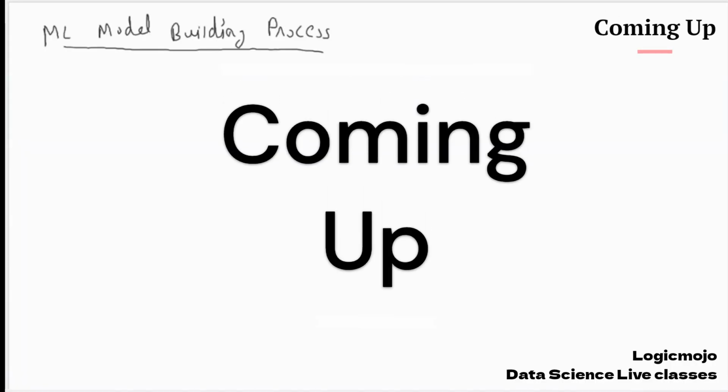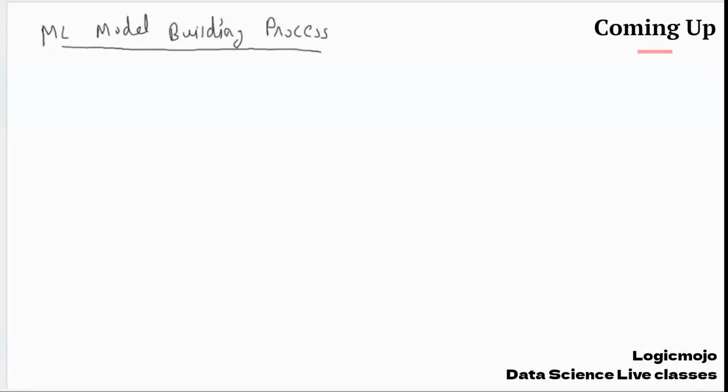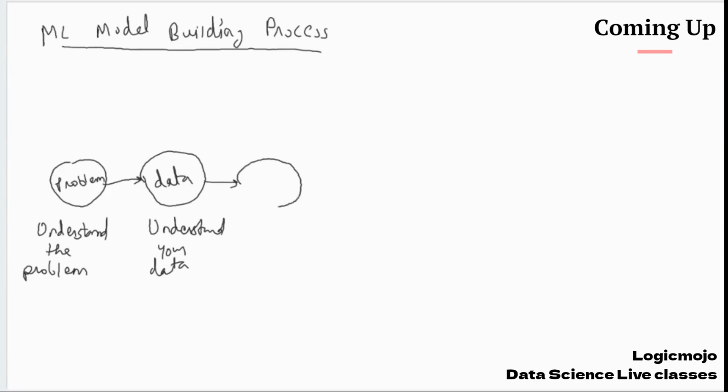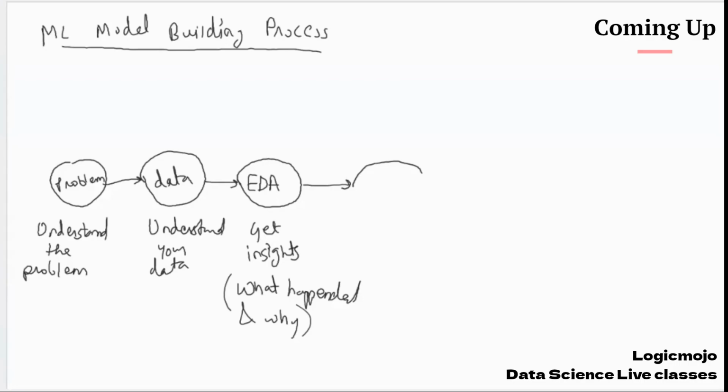You go through a few steps before feeding your data to a machine learning model. First step is understand the problem. Second step is know your data really well. Next, EDA. Then you clean your data.